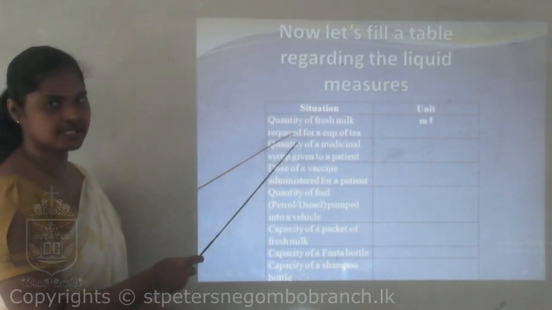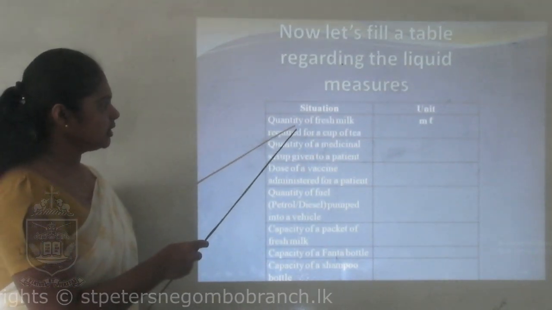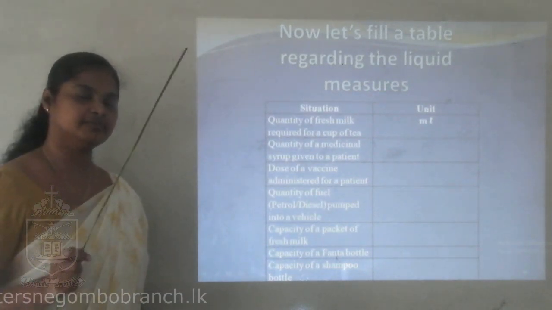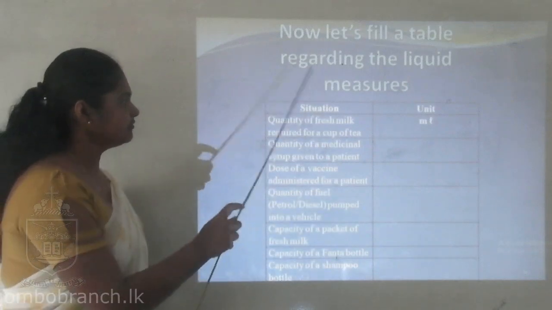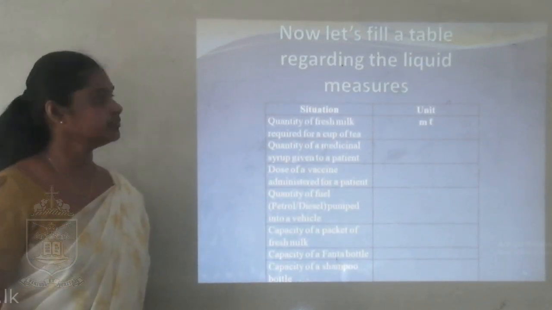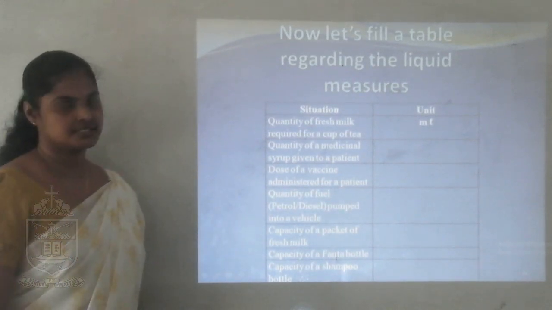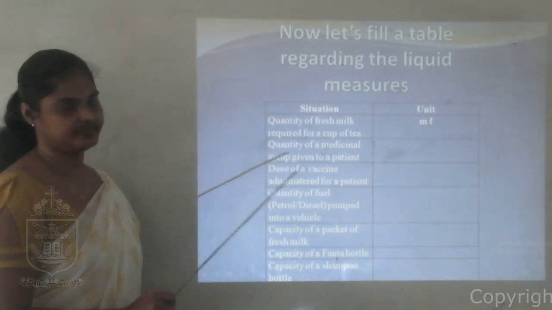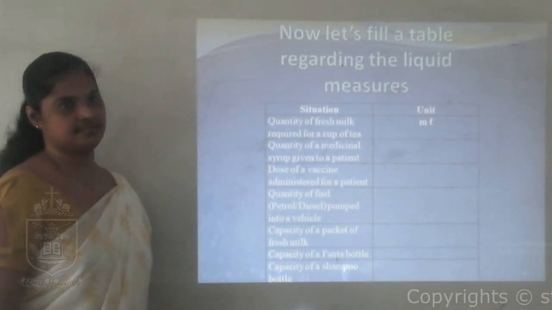So the first one has been done for you, children. Quantity of fresh milk required for a cup of tea. Now we all know that milk is a liquid. Therefore, what is the most suitable unit to measure fresh milk required for a cup of tea? So it is milliliters.